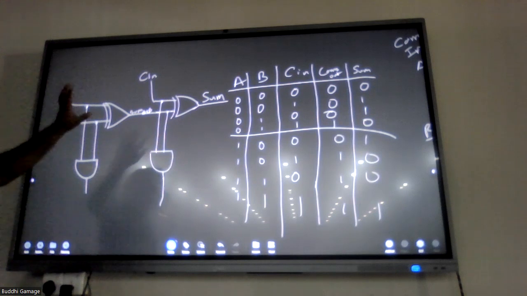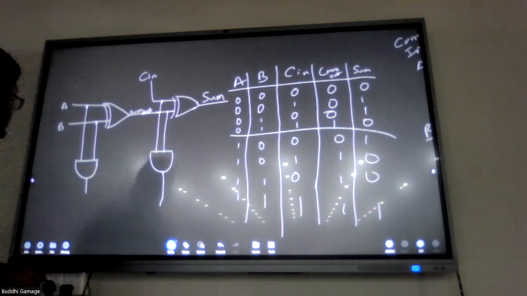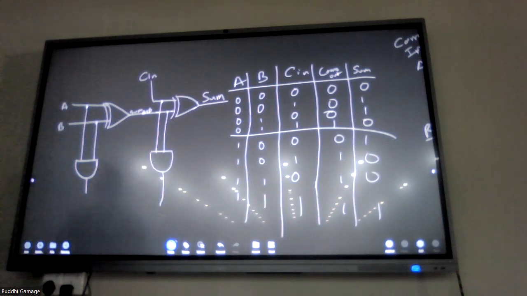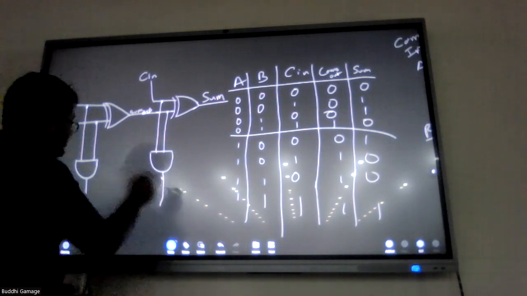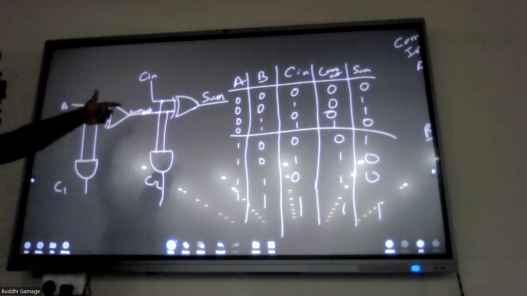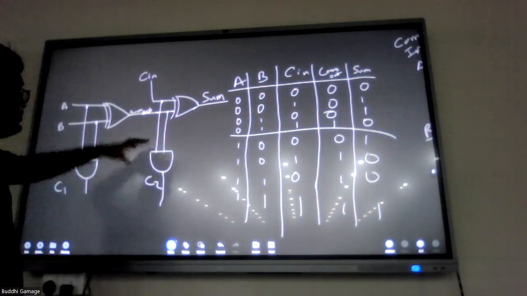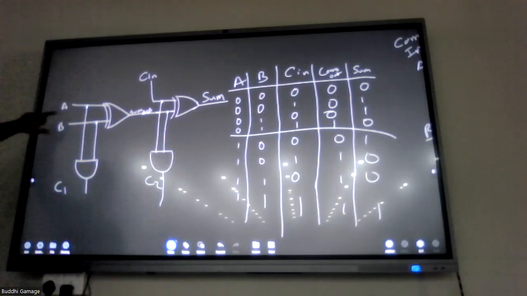Right. And then there are two problems arising here also. Say C1, and here also C2. This is the carry out bit from these two, and this is the carry out bit from these two, right?